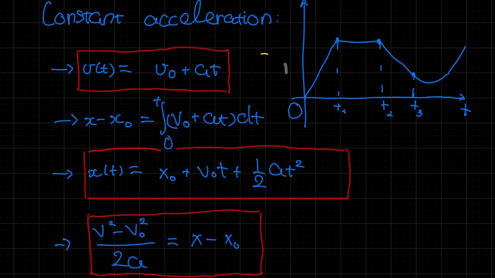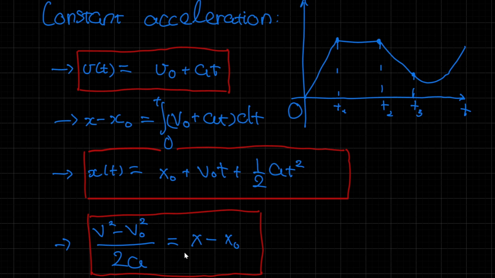And the same goes with finding x. We again integrate v dt, and from that we'll have x equals the initial distance plus the initial velocity times t, plus half of a multiplied by t squared.